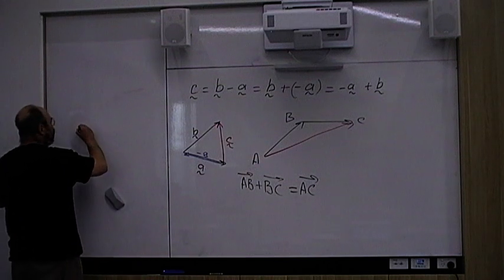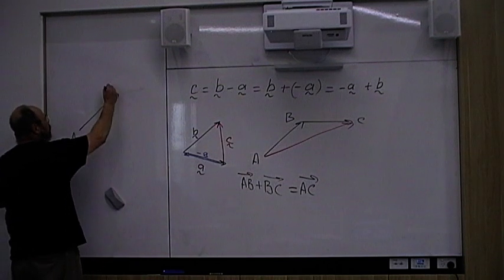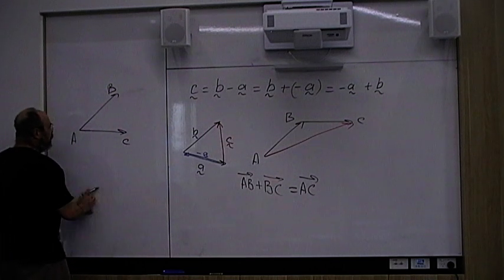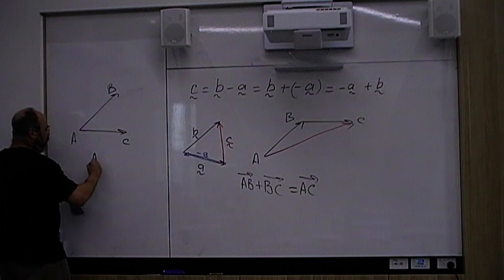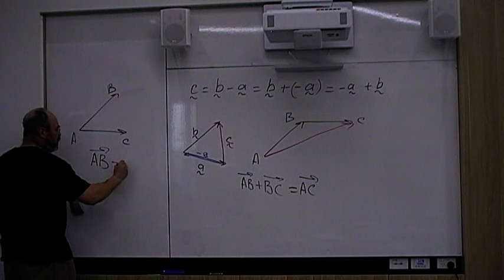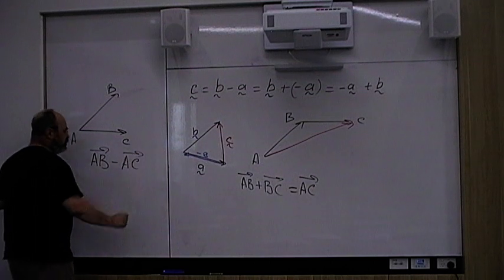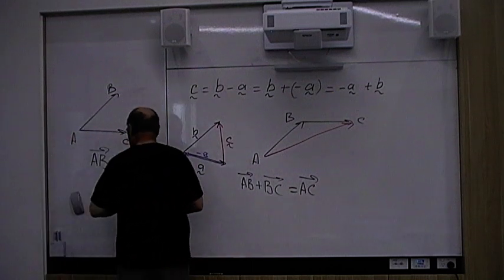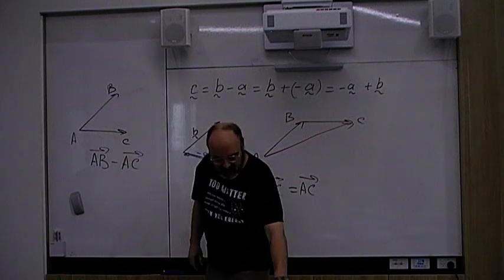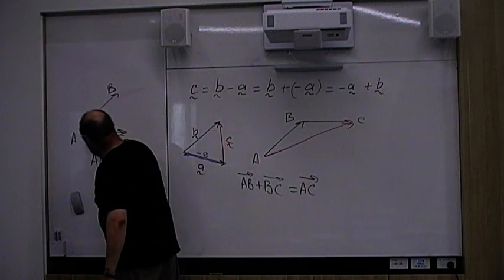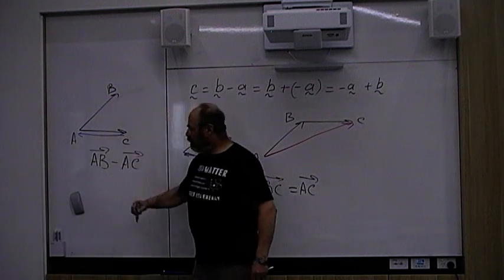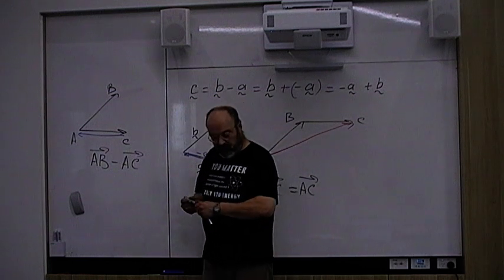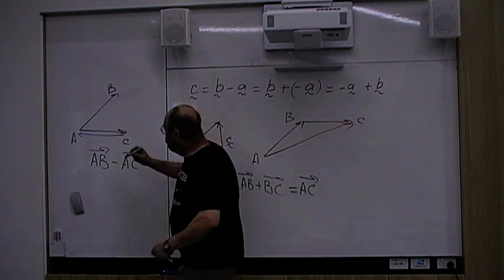A similar thing we can do with the subtraction of vectors. If we have vector AB and vector AC, and we are finding, let's say, AB minus AC, AB minus AC is the same as AB plus negative AC. This will be vector negative AC, or CA. And the result of the addition of those will be this vector.